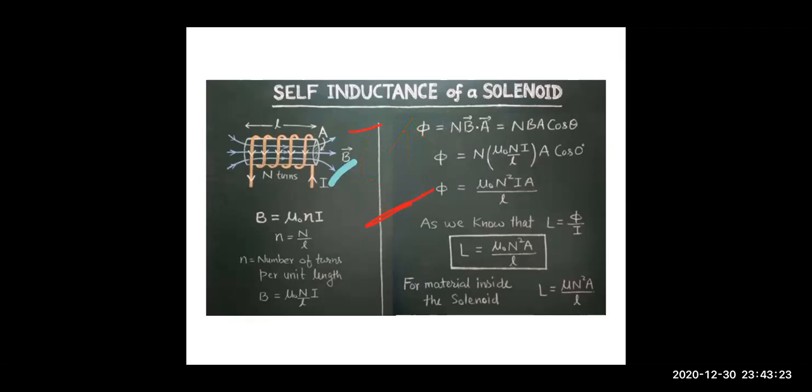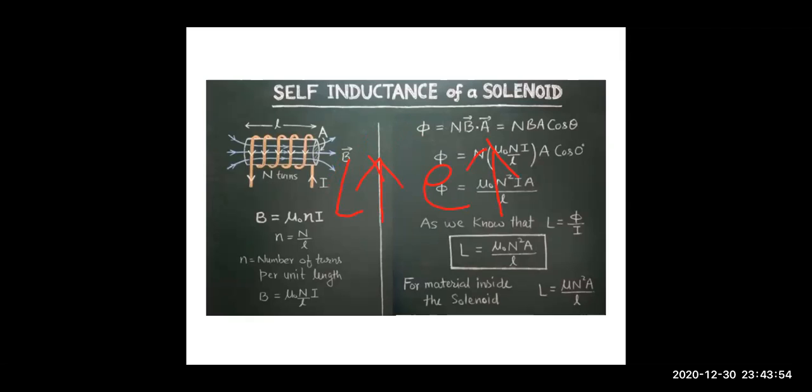So this property of a solenoid, to oppose the change in the flow of current through it, is known as self-inductance. If the self-inductance is more, then the magnitude of EMF that is produced will be more, and the opposition to the change in the flow of current will be more.